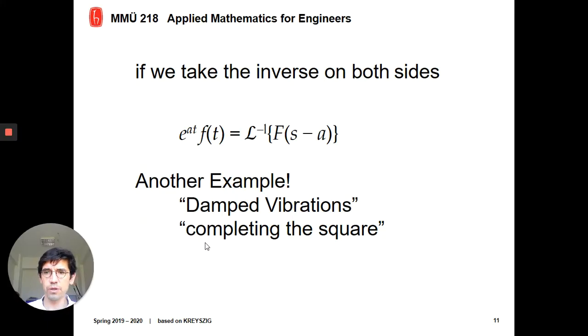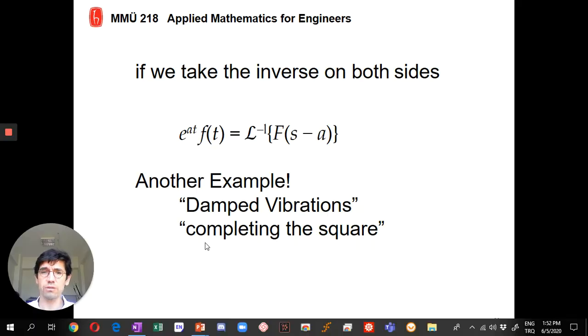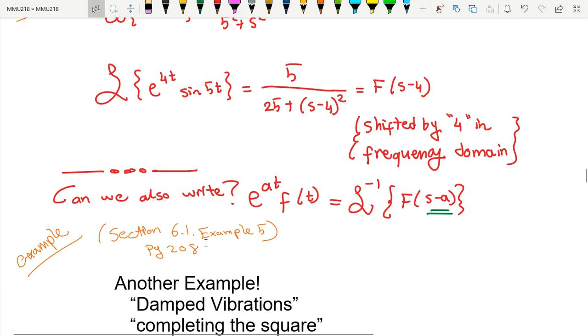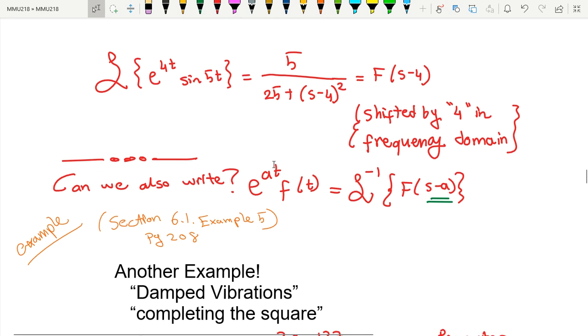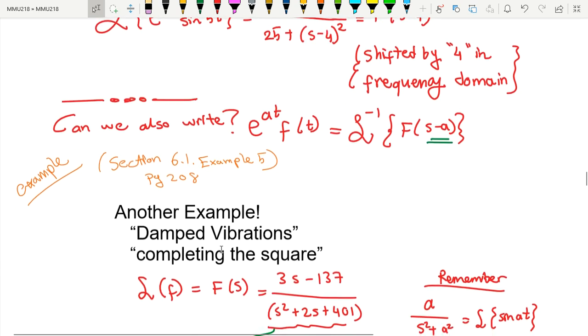And this example is damped vibrations. And we will use something called completing the square, some arithmetic or algebraic method to solve some of the inverse Laplace questions. And this is in section 6.1, example 5, and on page 208 in your book.